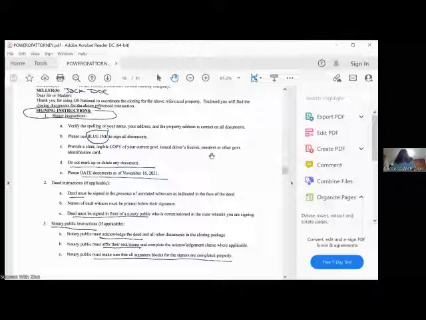Provide a clear, legible copy of their license, passport, or other type of ID. Do not mark or delete any document. So where it says do not mark up or delete any document, sometimes I will call them, even though I can probably put a line with my initials and make the correction. But if they say do not mark up, I take them literally for their word. And I want them to tell me that it's okay to mark it.